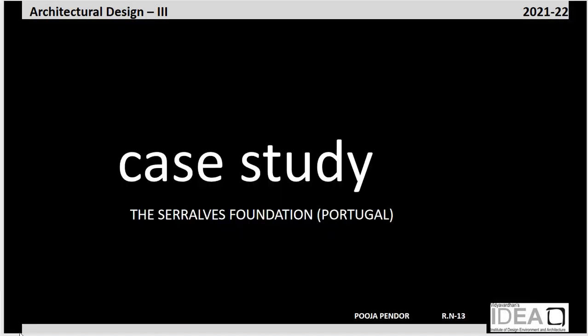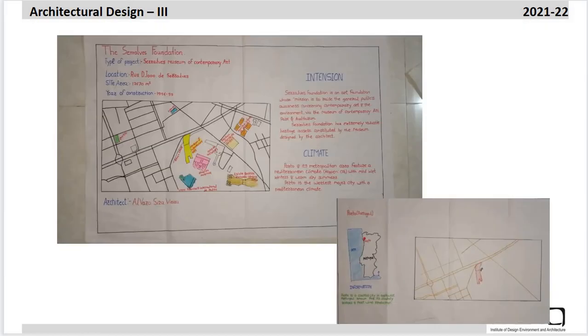Case study: the Serralves Foundation. The Serralves Foundation is located in Portugal. It is an art foundation whose mission is to raise general public awareness concerning contemporary art and the environment via the Museum of Contemporary Art, Park and Auditorium.